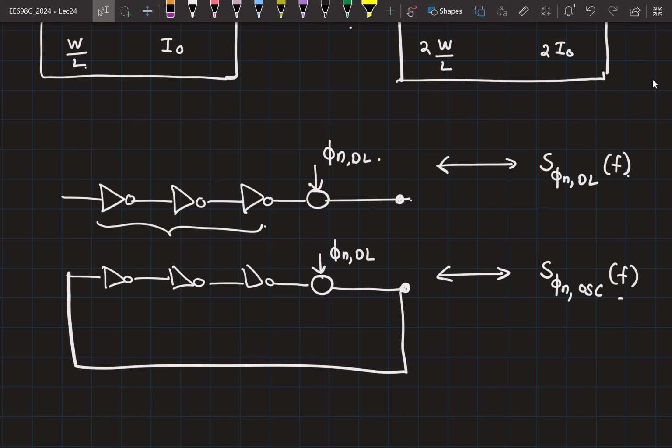Increases in what way? Increases part you are saying because you expect that phase noise in the time domain to keep accumulating. That part I agree. But can you also come up with the profile of S phi n of the oscillator? I'm looking for the PSD, some relationship between these two PSDs. They can differ by?